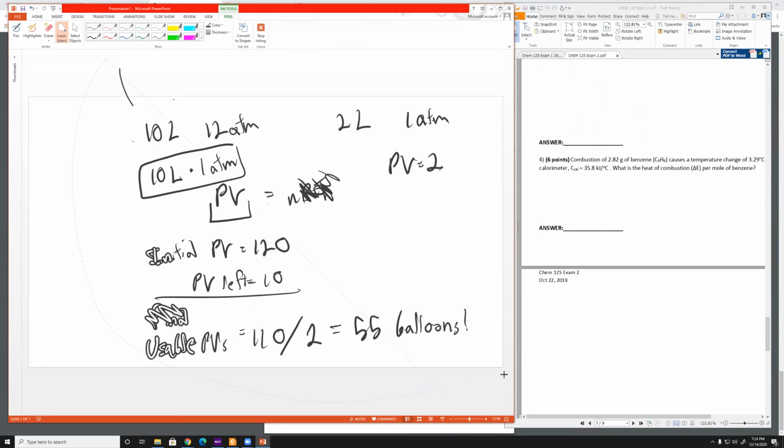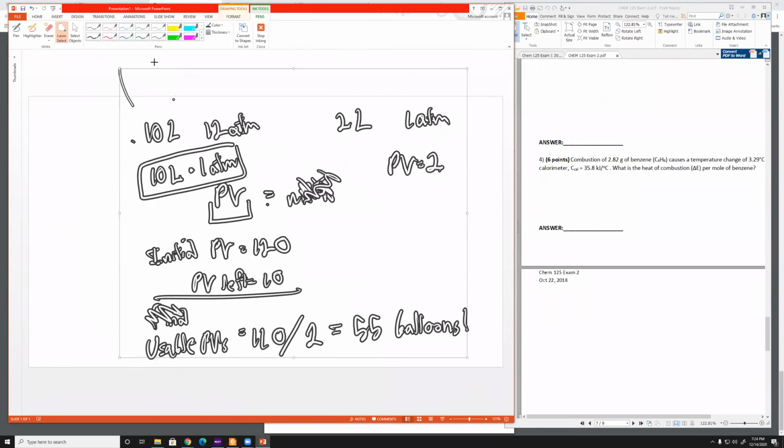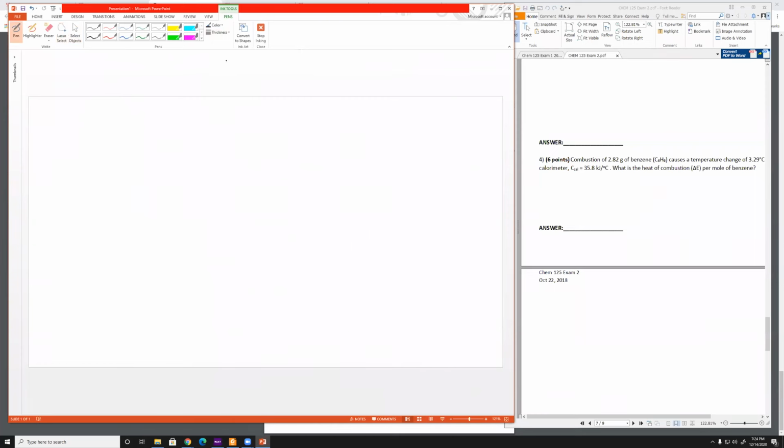So your Q equals mCΔT is going to be given. You have your mass, 2.82, times your temperature change and your calorimeter constant, 35.8.